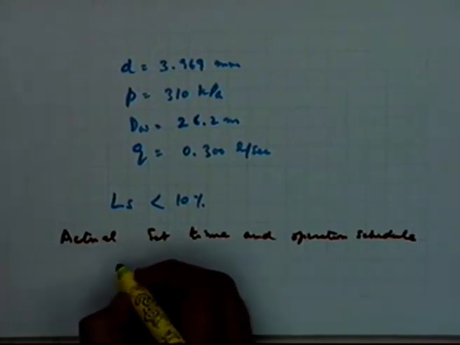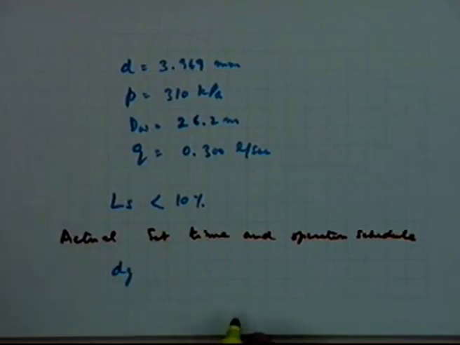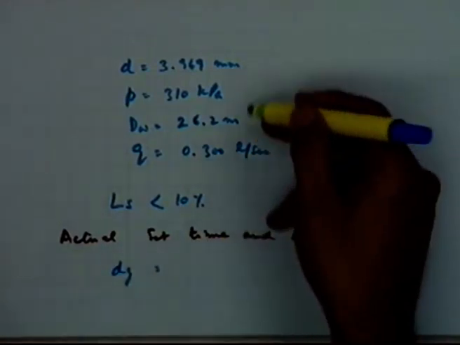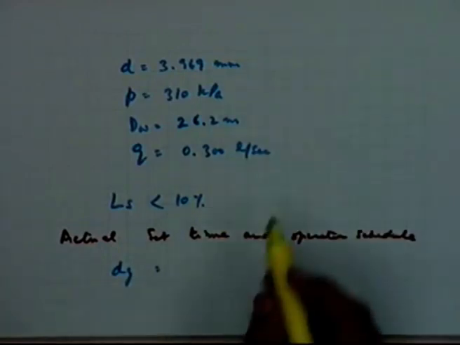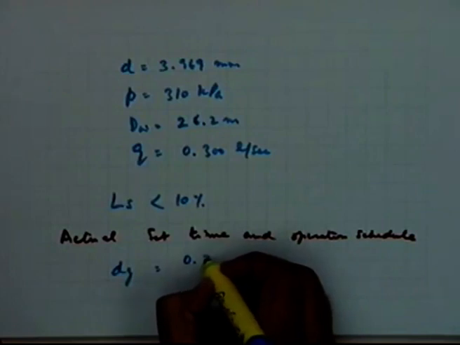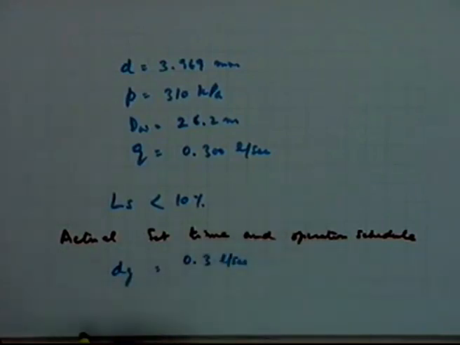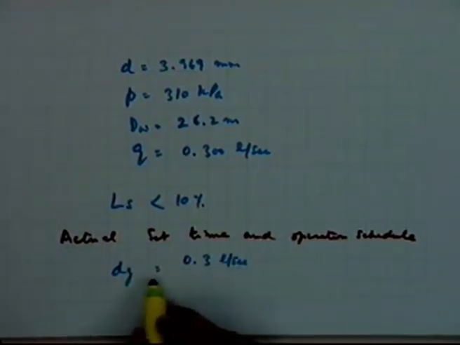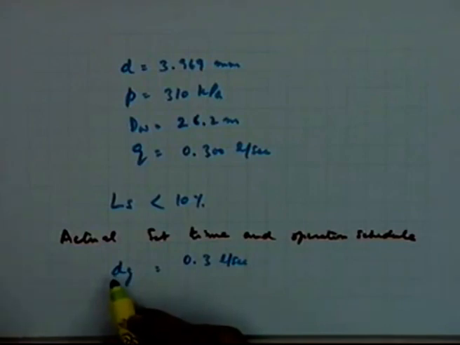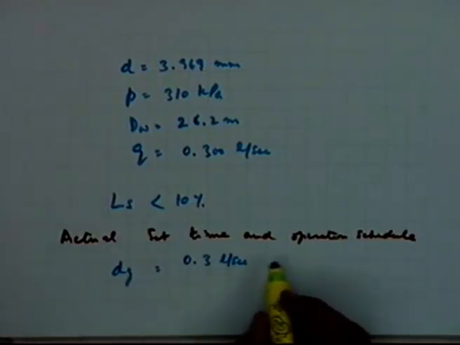Now let's have a look at the gross application rate with respect to the selected nozzle. This will be, with 0.3 liters per second as the Q, the same expression you can use, the expression between the spacings, the gross application rate and the small q.